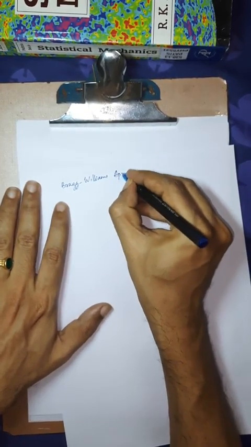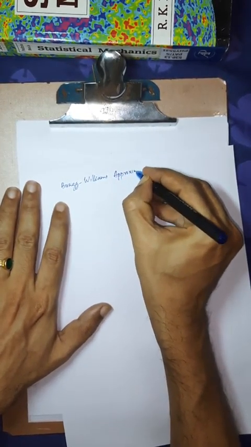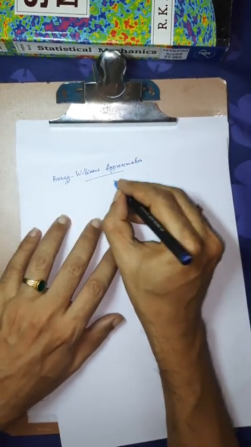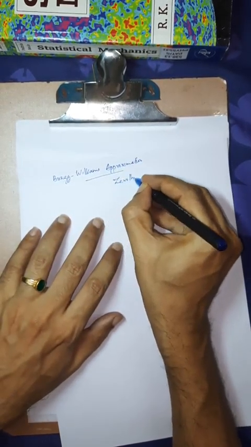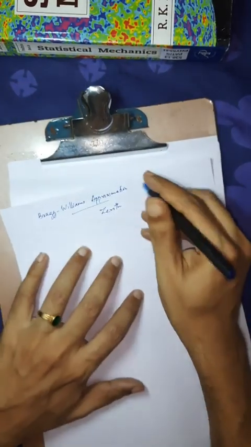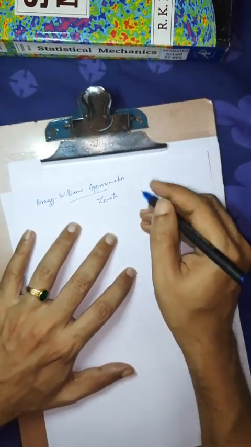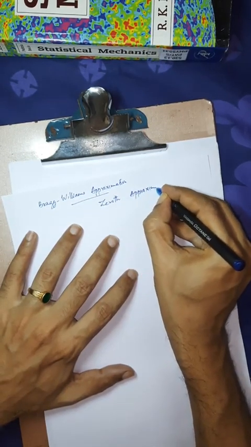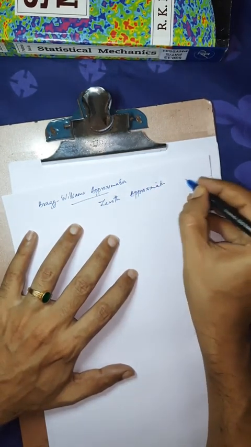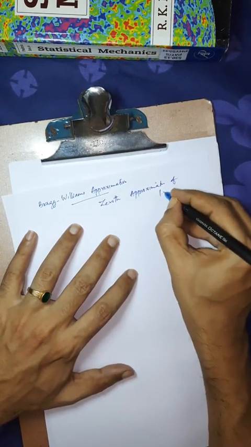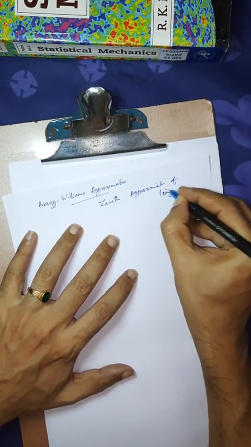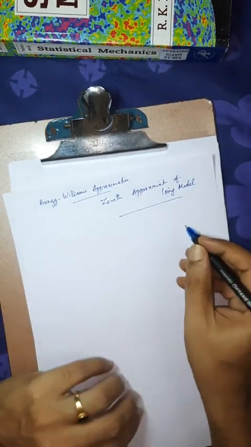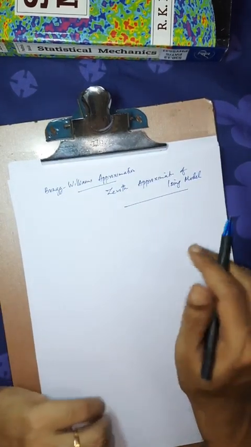Bragg-Williams is otherwise called the Zeroth approximation of the Ising model. So it goes by both the names.